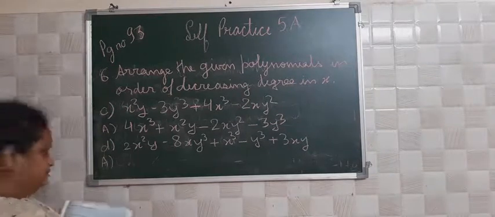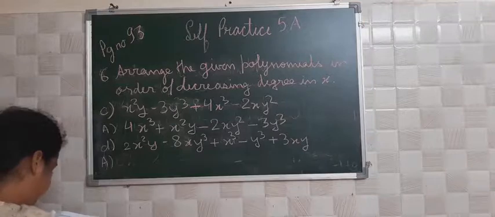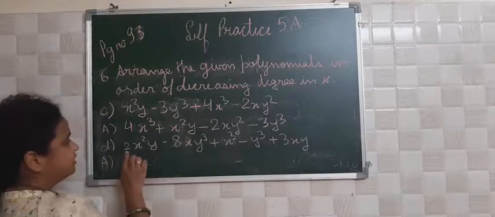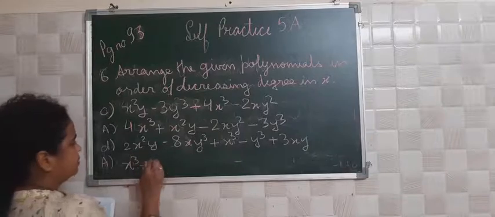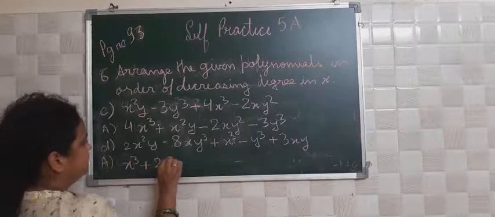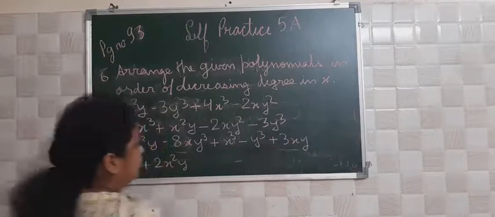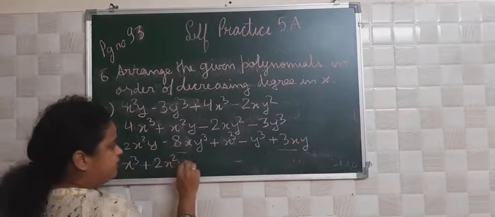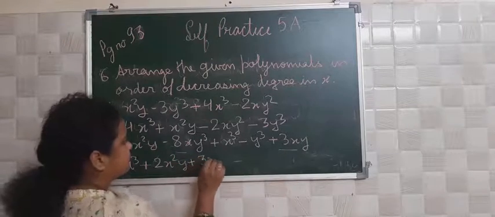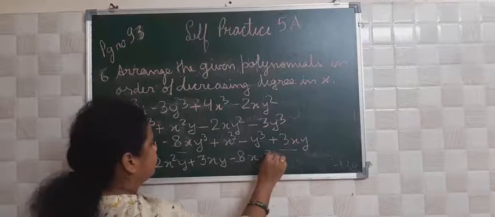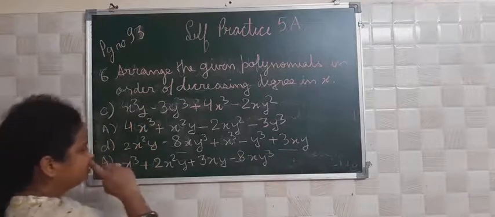X. So here x cube will come first. Then with degree 2 will come 2x square y. Now you see this and this both, you can take anyone first. It is not a problem. 3xy minus 8xy cube.